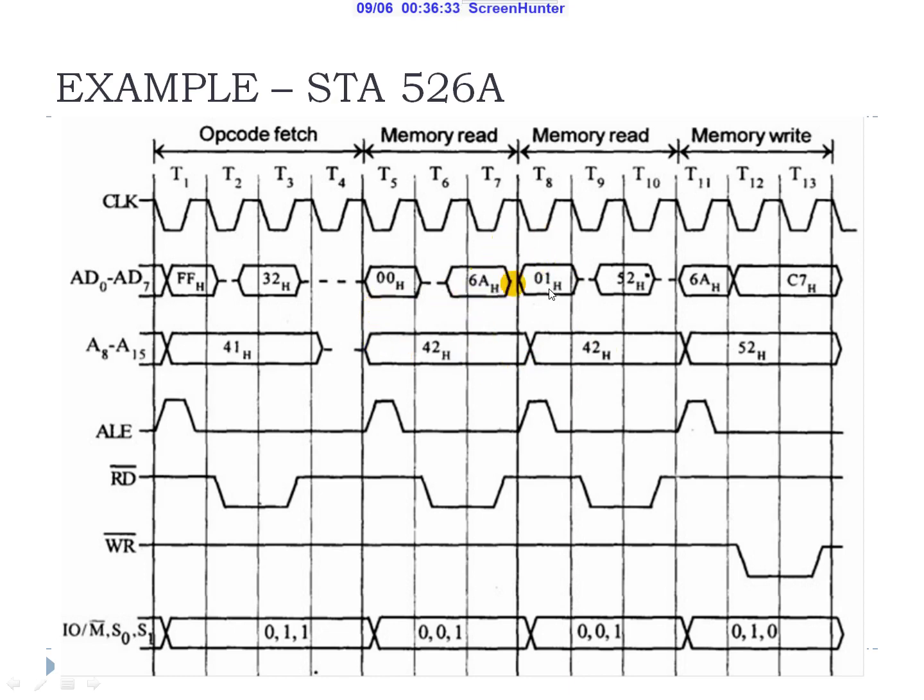The corresponding data can be noted down as 6A and 52: the lower order data 6A is the first memory machine cycle, and 52 is the second, the higher order memory read cycle.